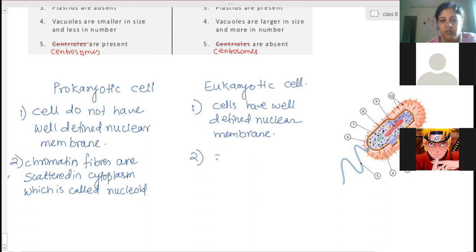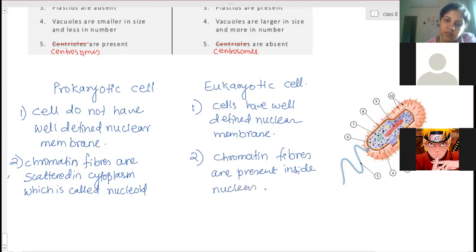And here in the eukaryotic cell, the chromatin fibers are present inside the nucleus, within the nuclear membrane.